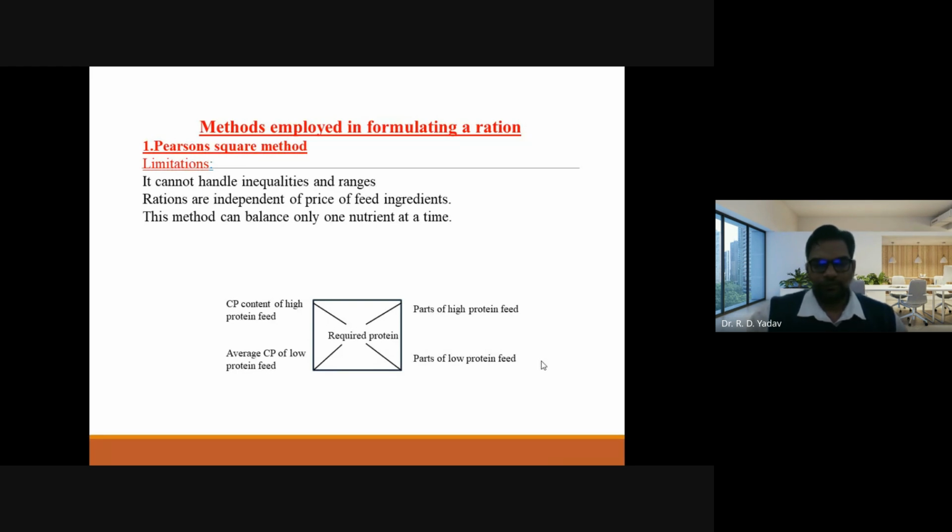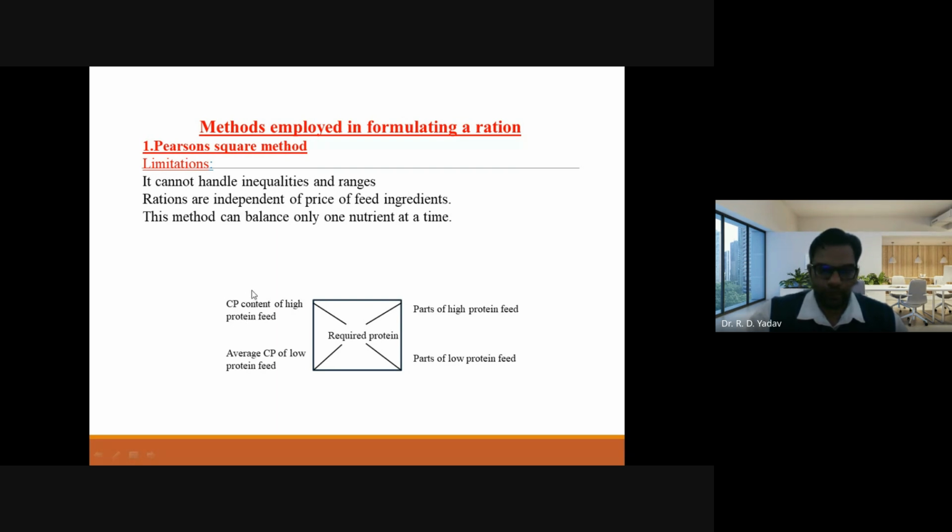So first, what is the required protein? It is named Pearson square, so there is a square, and we put the required value in the middle, for example protein. The ingredient having the lowest CP content we put on the upper side.